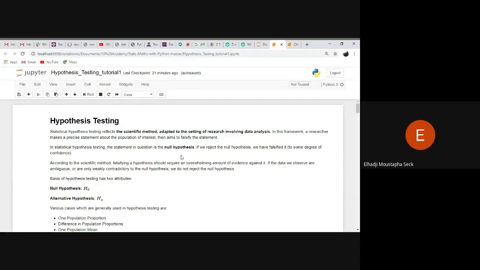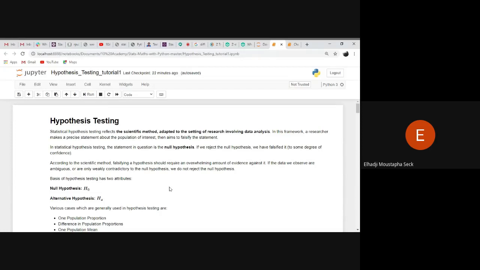So you are doing some experiment, you make some statement, that is the null hypothesis, and your aim is to see if you can falsify the statement or not. Basically, hypothesis testing has two attributes: the null hypothesis and the alternative hypothesis.